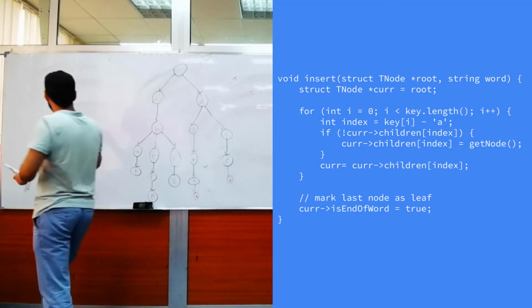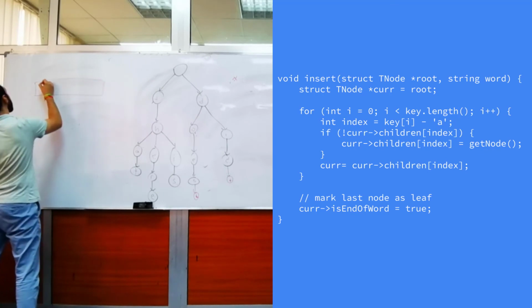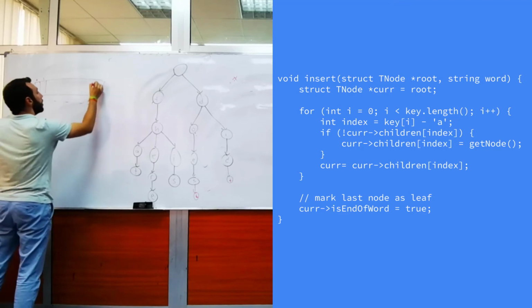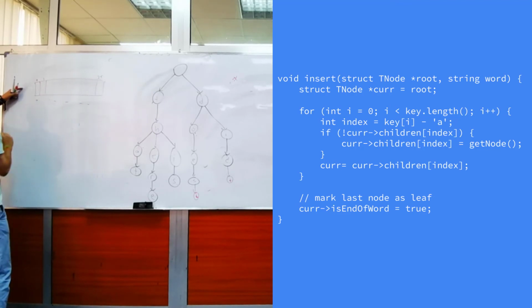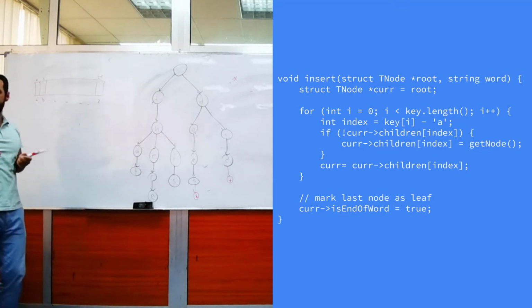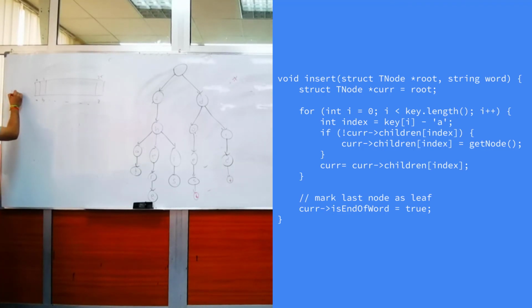This way, if we are working with English, we are going to have an array like this. This is 0, this is 1, let's say this is 25. And this corresponds to A, this is B, and this is Z. Does that make sense? We will have this array to keep track of children.